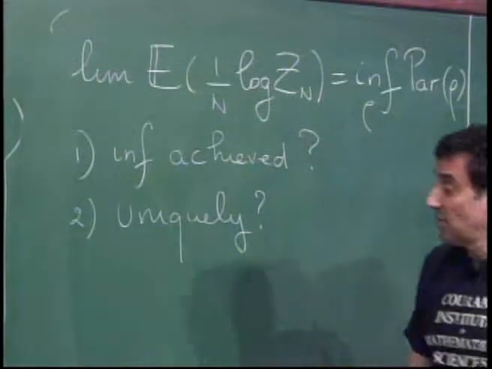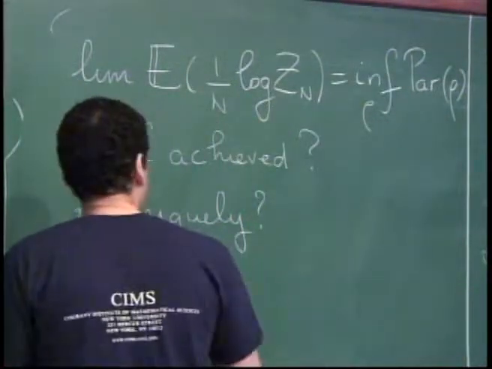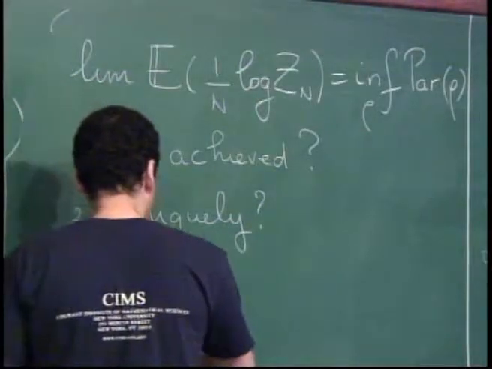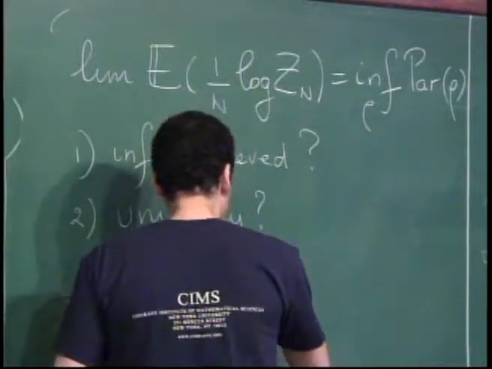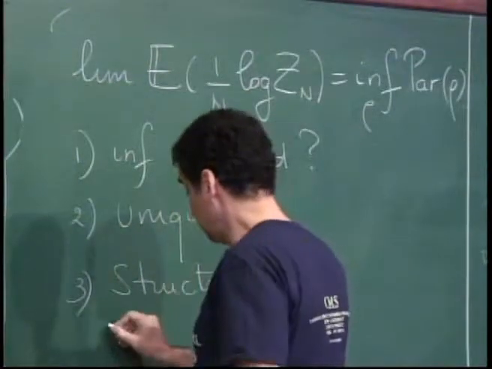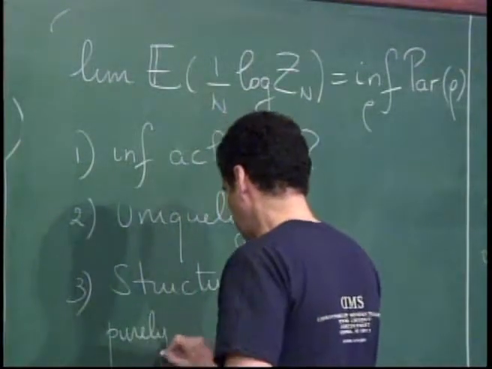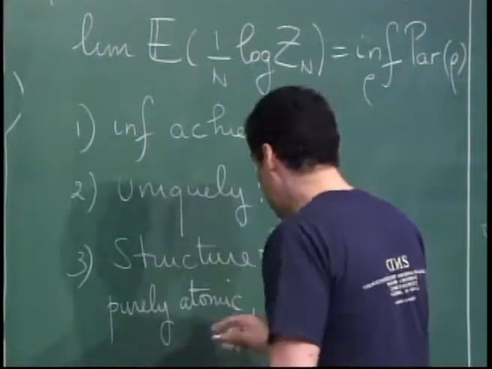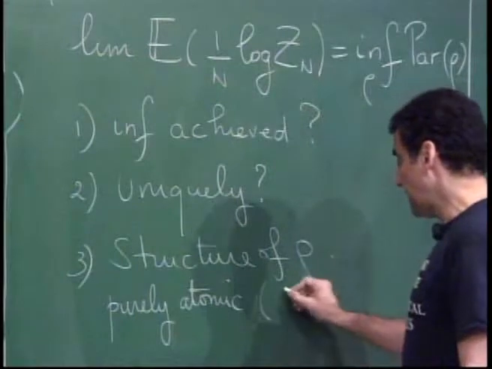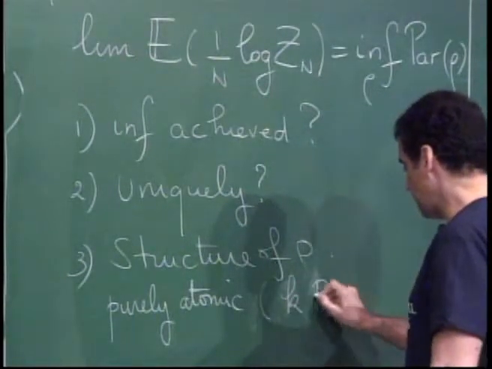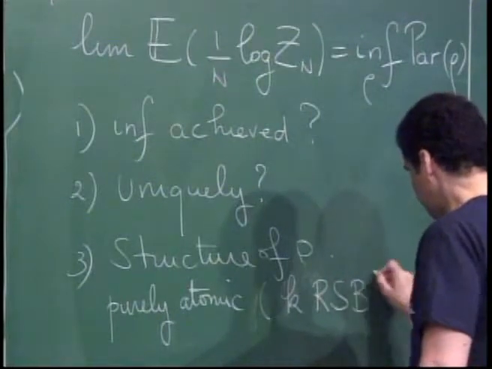Third, what is the structure of this rho? So in particular, is it purely atomic? In this case, we will say that it's a K replica symmetry breaking solution.